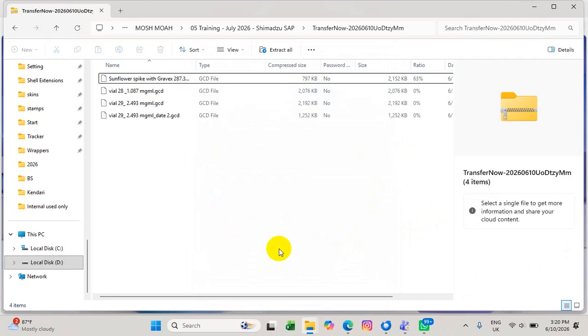Have you told me the MOSH or the MOAH result? MOSH? I think it should be around 60. How many did we spike? 20 microliters here.